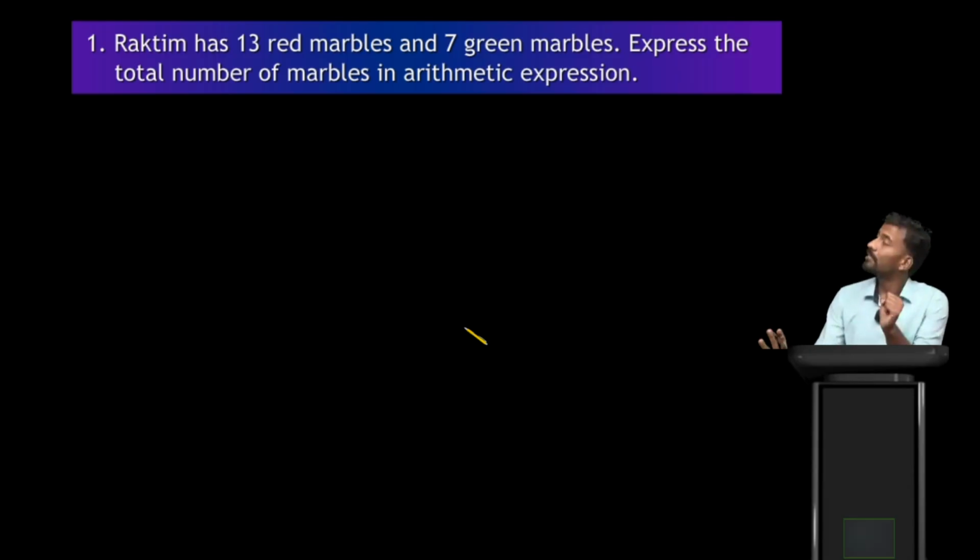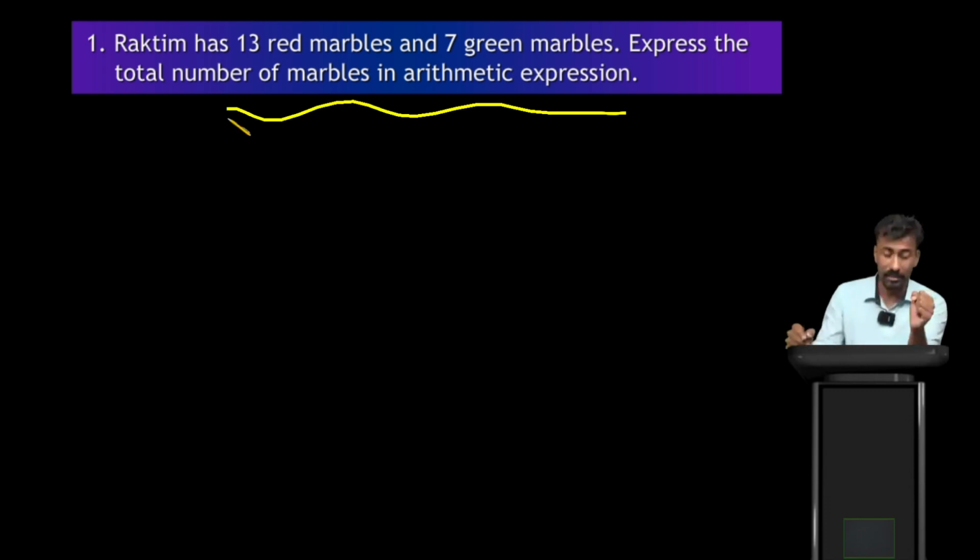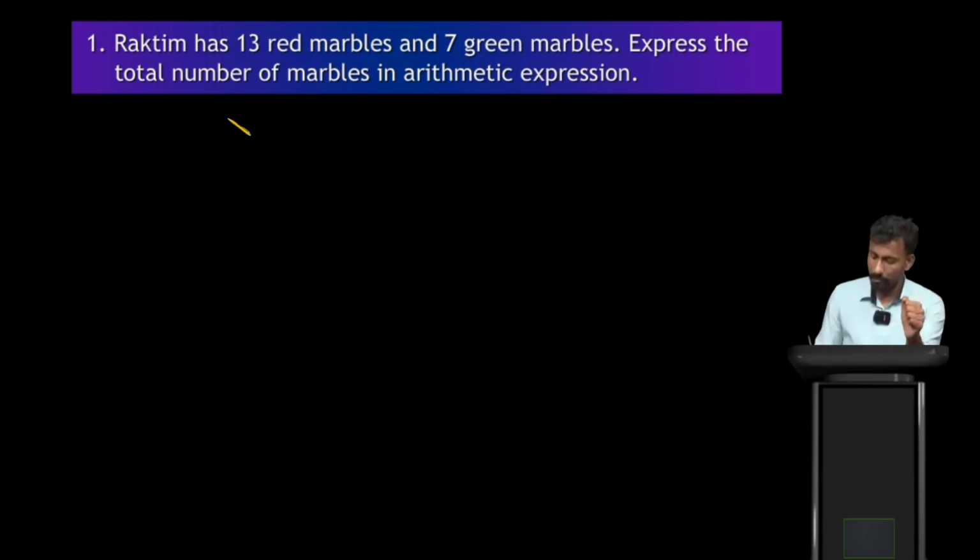We have to express the total number of marbles, that is red marbles as well as green marbles, in an arithmetic expression. We have to add those numbers. Find the solution.